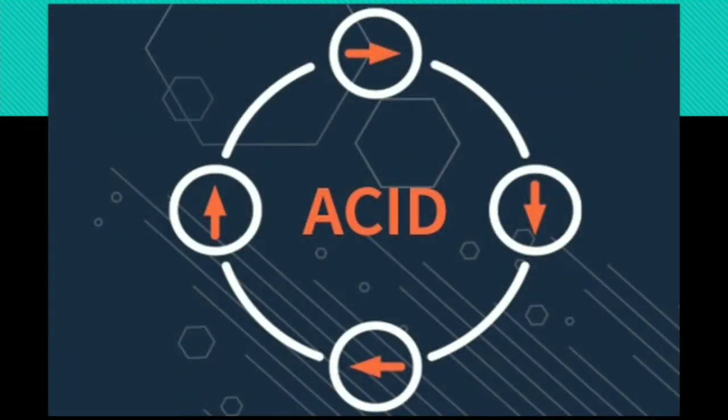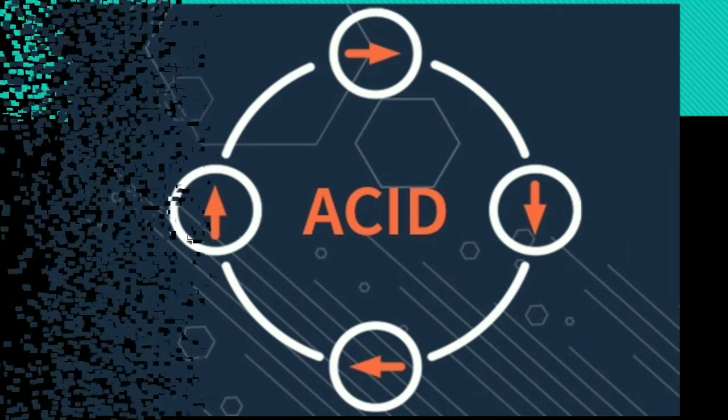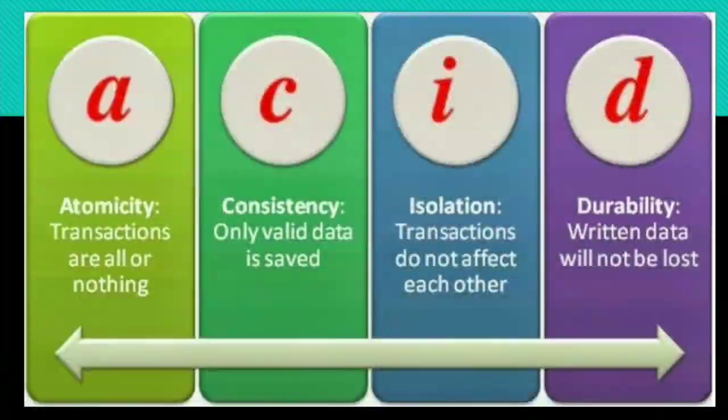To achieve this concept, we need the ACID property. So now let us discuss the ACID property. First of all, A stands for atomicity, which means transactions are all or nothing. So what is a transaction? We already said that a database is in the format of tables.